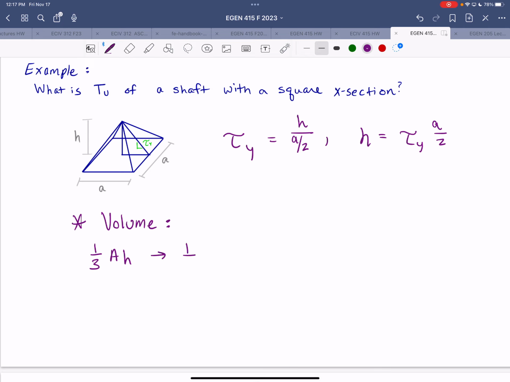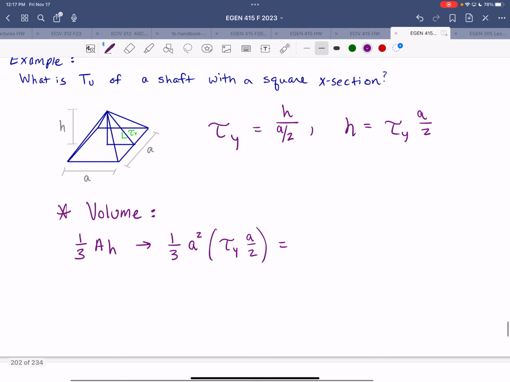So plugging in some dimensions and other substitutions, we have 1/3 times a squared for the area of the base, and then for the height, we have the yield stress times a over 2 as defined above. So that's equal to 1/6 times lowercase a cubed times the shear stress at yield.